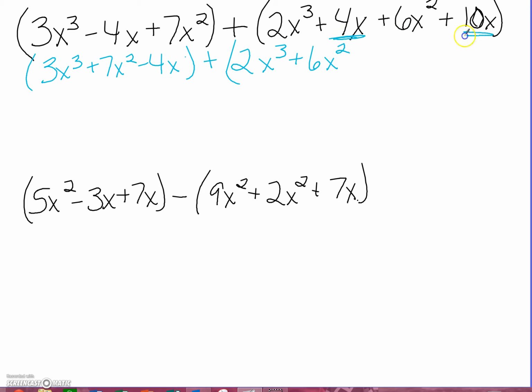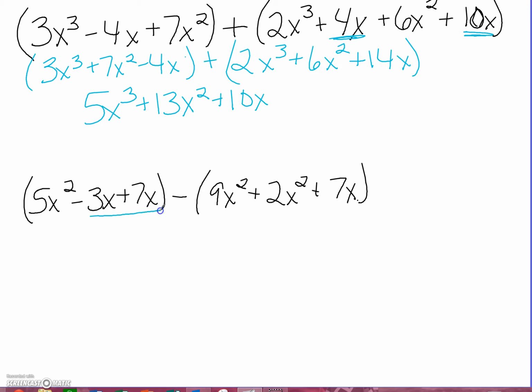Notice, I have a 4x and I have a 10x all on the same side. This is just like you've been doing with equations from the very beginning. Just go ahead and combine those. Those are like terms. Then we work. 3 plus 2, 5x cubed. 7 plus 6 is 13x squared. Minus 4x plus 14x gives me plus 10x. And I'm done.